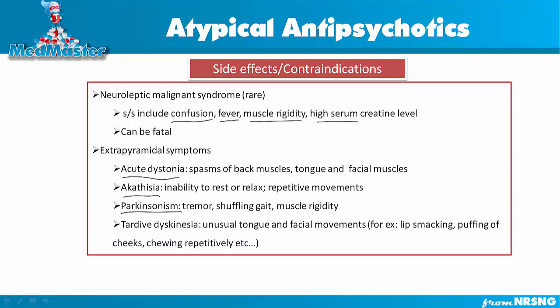Now, this medication blocks the dopamine neurotransmitter in our brain, so it basically makes patients more prone to Parkinson symptoms, which are tremor, shuffling gait, and muscle rigidity. There are three of them. The last one is tardive dyskinesia, which is unusual tongue or facial movements such as lip smacking, puffing of cheeks, and chewing repetitively. So some kind of tongue and facial movements they'll be doing repetitively.